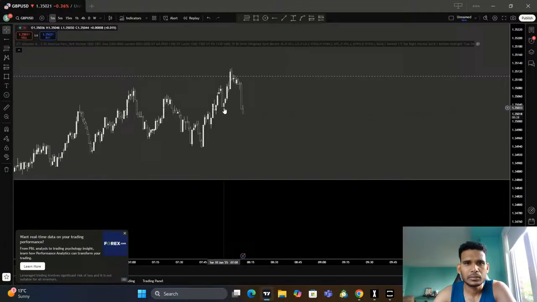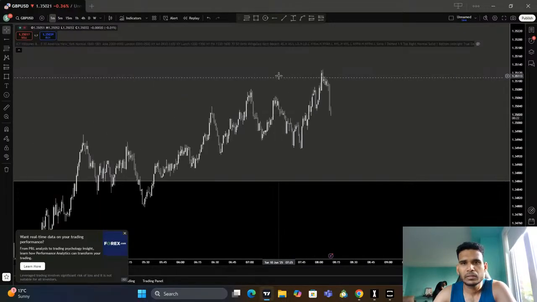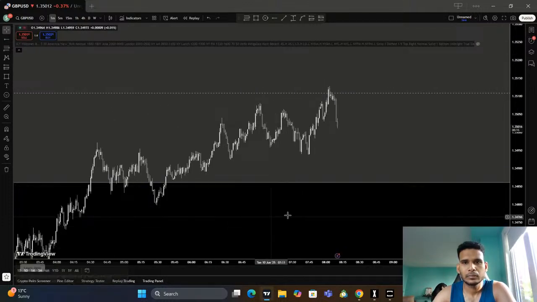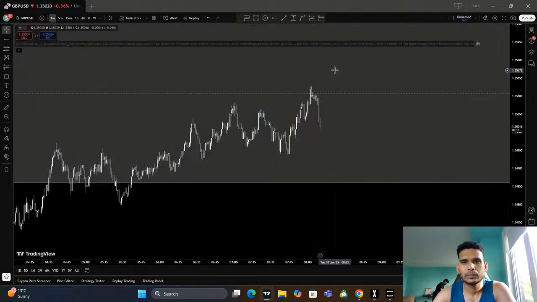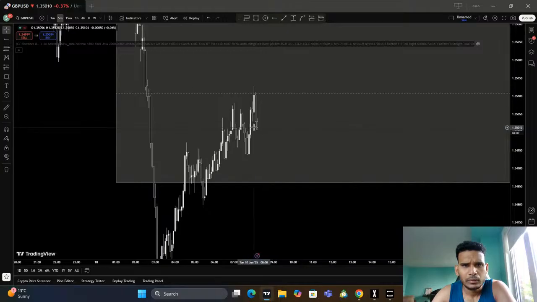Price just gave the structure shift, and price also tapped the 50% of the H1 bearish level again. Let's see. It's kind of a plain short.